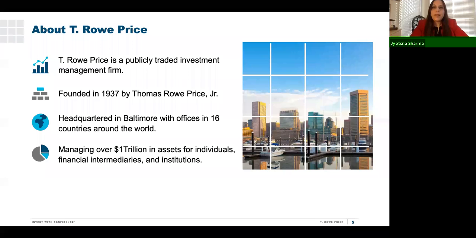It was founded in 1937 by Thomas Rowe Price Jr., and hence the name. With worldwide offices in over 16 countries, T. Rowe Price is currently managing over $1 trillion in assets for individuals, financial intermediaries, and institutions.